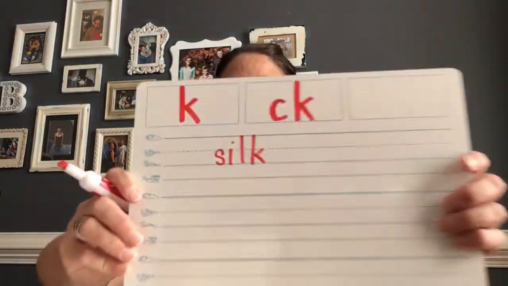Next word. Silk. My shirt is not made of silk. Silk is very soft. Tap it. S, i, l, k. Silk. One more time. S, i, l, k. Silk. Pause. Remember the rule. Write it. You ready to see? Check it out.